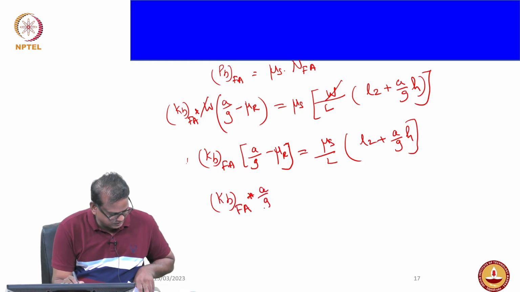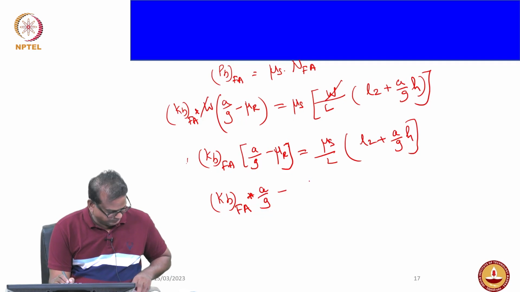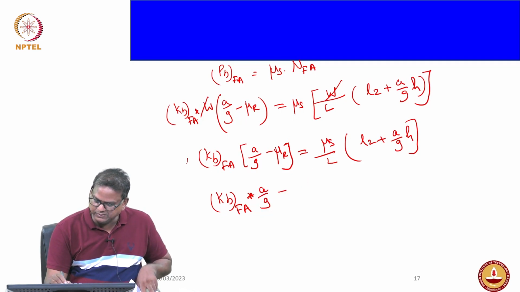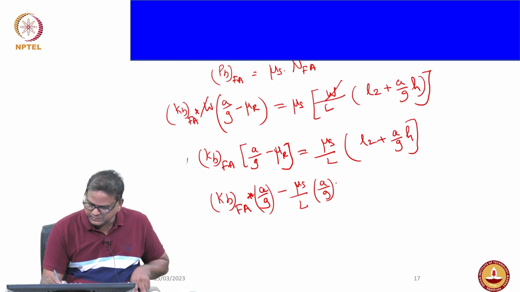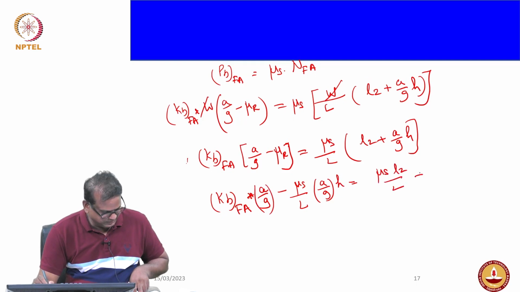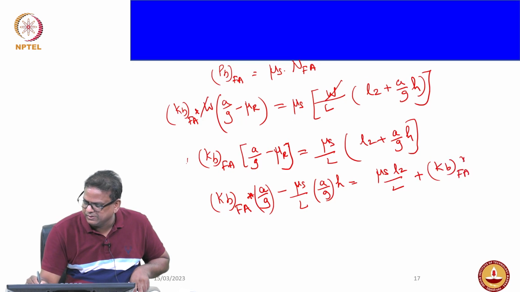Into A by G minus, this term will come, mu_s into A by G. I brought this side into H, that should be mu_s L2 by L plus K_BFA into mu R.